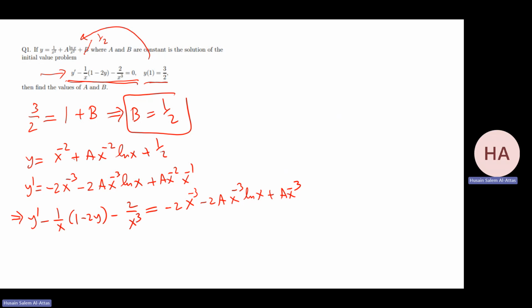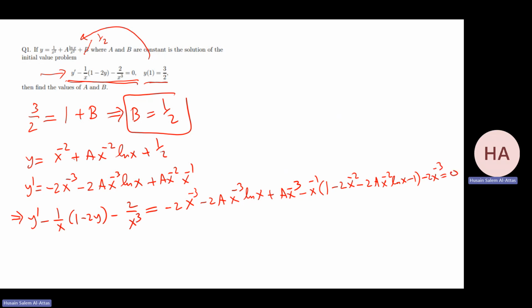Then 1 over x times 1 minus 2y, which is minus 2x to the power minus 2, minus 2A x to the power minus 2 ln x, minus 2 times half gives me minus 1. All of this minus 2x to the power minus 3 should be equal to 0.